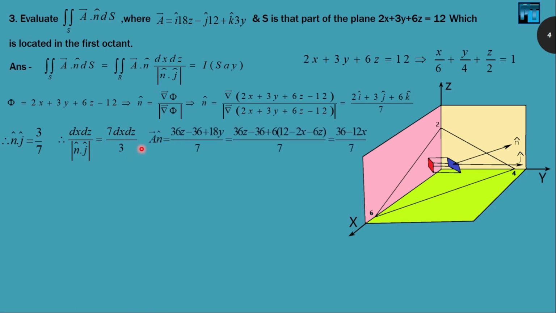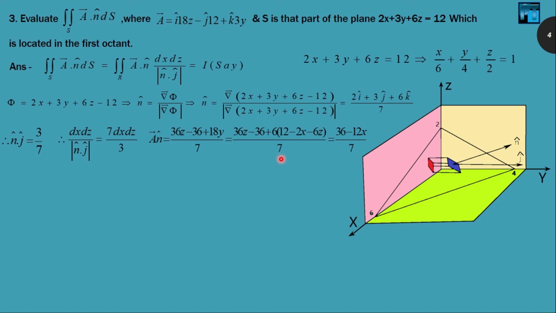Now the A dot n cap. See, our A is here and our n cap is here, so you can easily check the dot product like this one. Now we have rewritten our y as 12 minus 2x minus 6z. Actually there are lots of step jumps here.